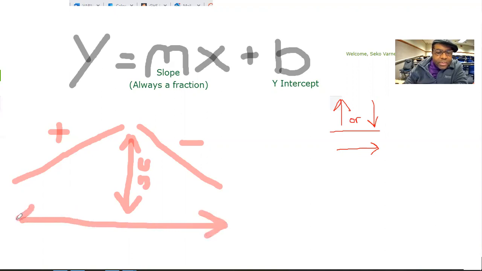We call this a zero slope. So we have a positive slope, a negative slope, a zero slope, and an undefined slope. If you have a positive number on your slope, it's going to slope up. If you have a negative number on your slope, it's going to slope down. If you can remember that, you're good to go.